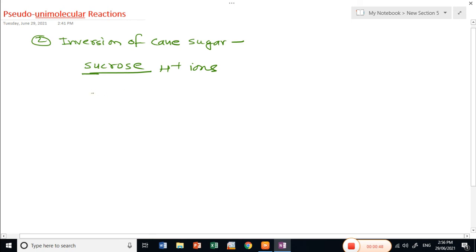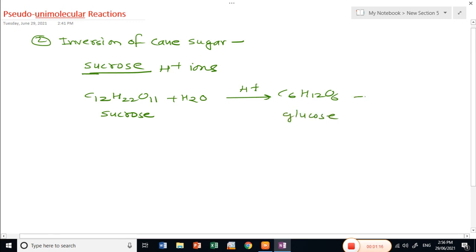कैसे represent करना होगा? C12H22O11, so this is sucrose from cane sugar, plus H2O, that is hydrolysis, in presence of H plus as catalyst. It will give C6H12O6, this is glucose, plus C6H12O6, this is fructose.